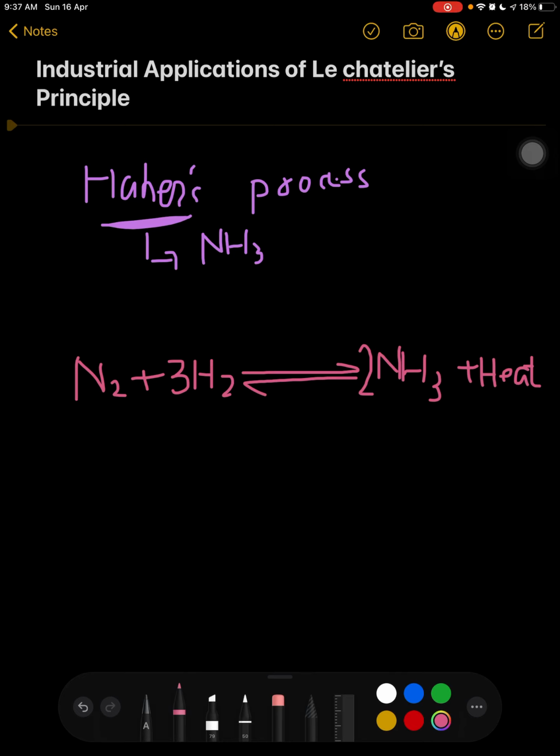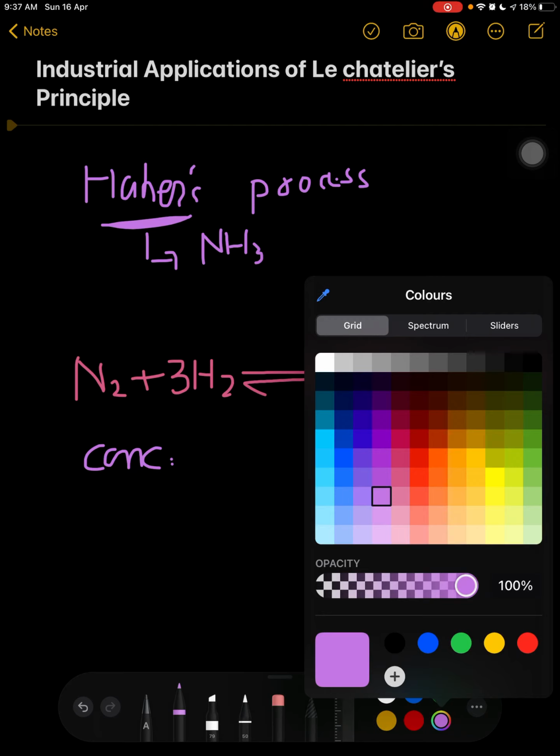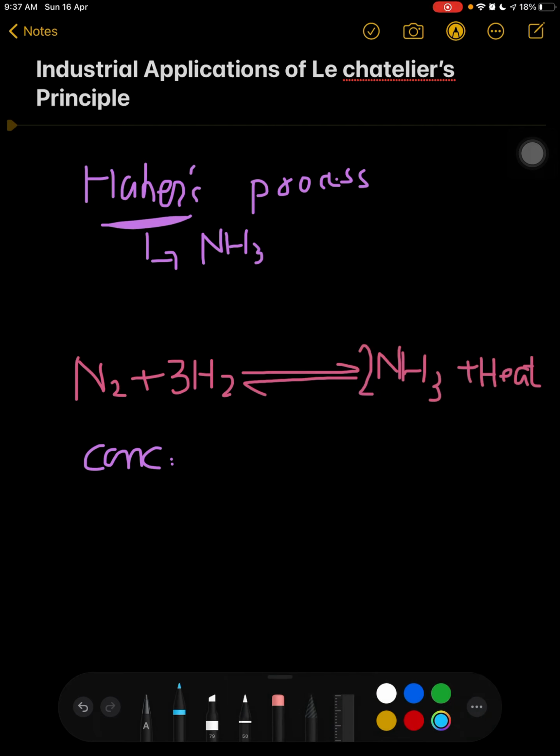First of all, let's see the concentration, right? If we increase the concentration of the reactants, then we will get the maximum production. So we will increase the reactants.